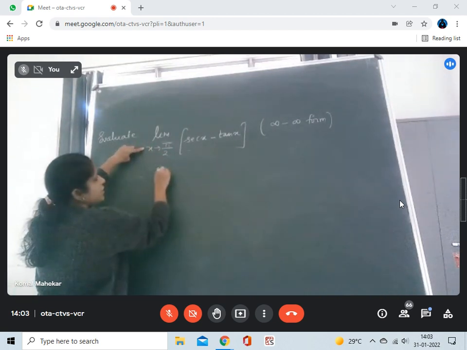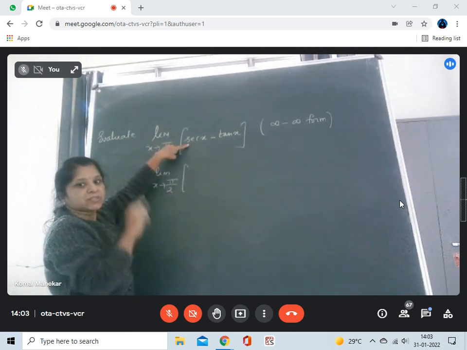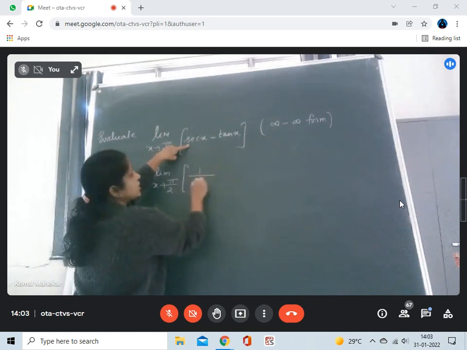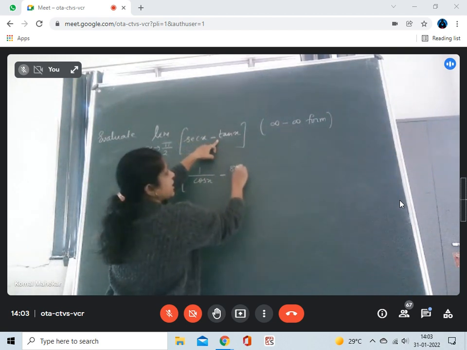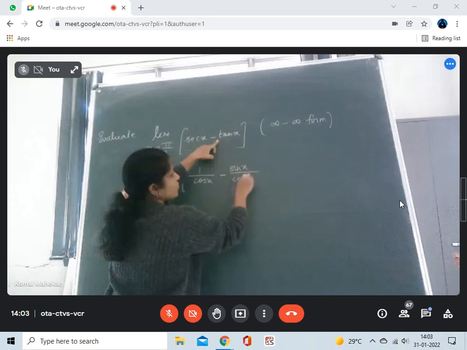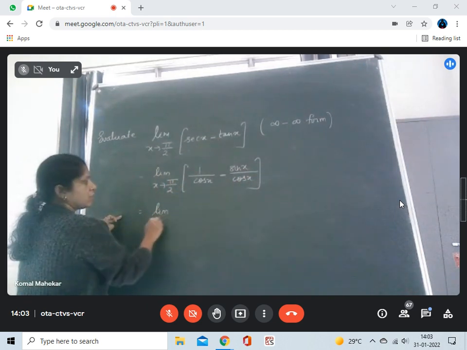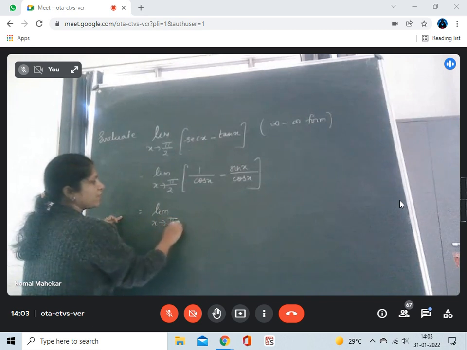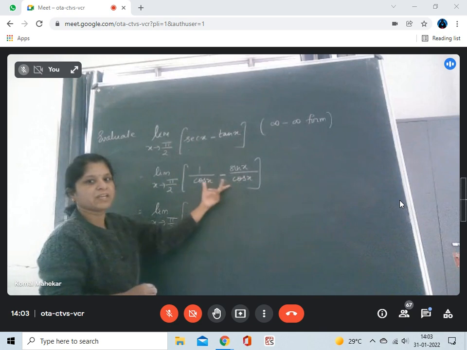So we can write this limit as limit x tends to pi by 2 of 1 upon cos x, since 1 by sec can be written as 1 upon cos, minus tan x, which can be written as sin x upon cos x. Now for the subtraction of the functions, the denominator is the same, that is cos x.